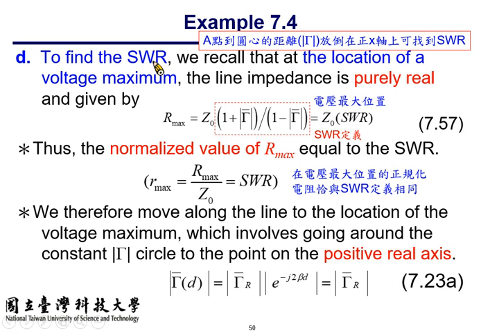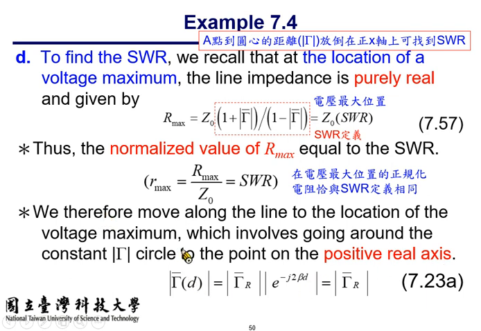Because we know SWR is defined this way, and it corresponds to the largest input impedance number, not the largest input resistance number, you can find with this termination. So that will equal Z sub 0 times the SWR. So on the right-hand side, you can check the intersection of the SWR circle and the positive real axis.